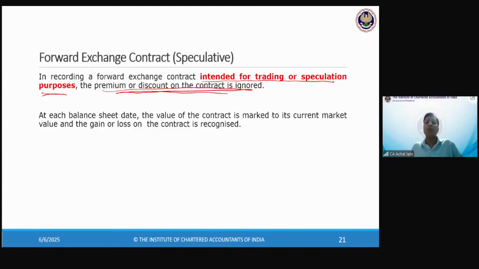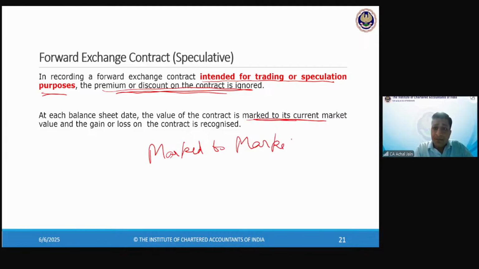Now you may be thinking, sir, how do we compute the fair value? That is available through a valuer. And that fair value is also called mark to market. In short form, this is also called MTM.